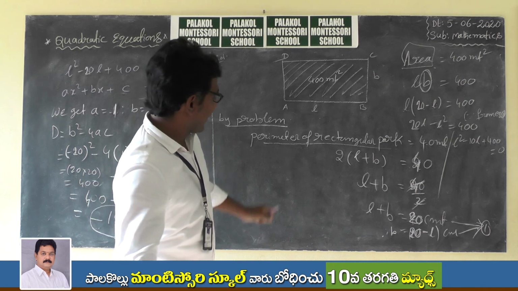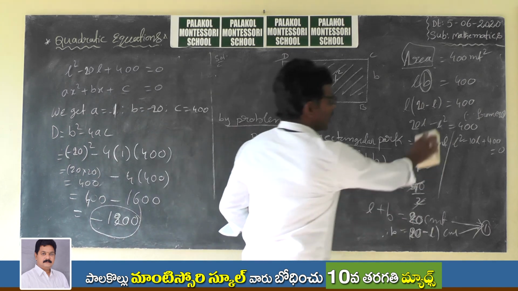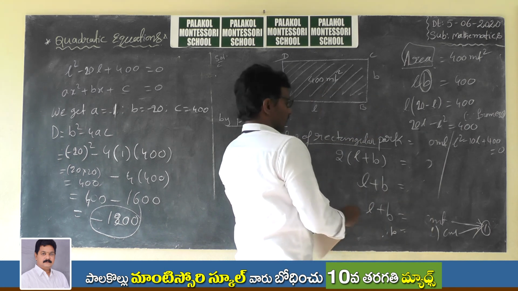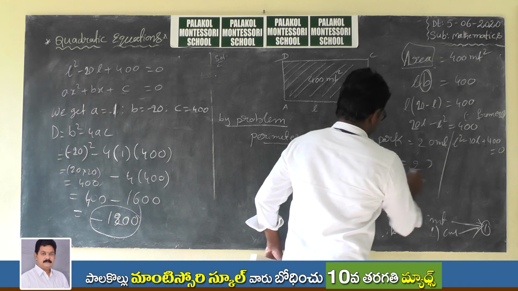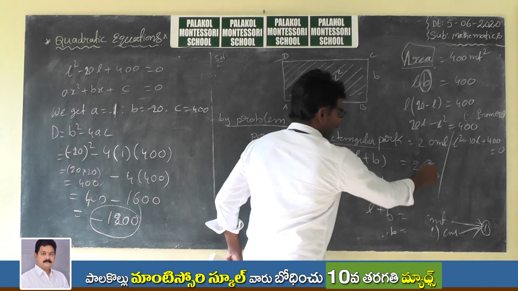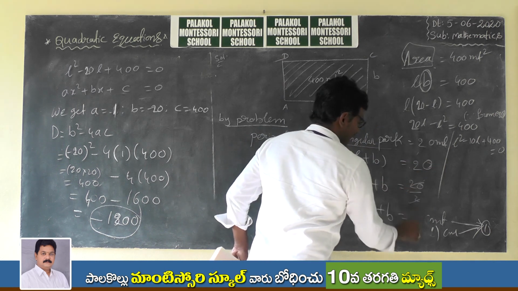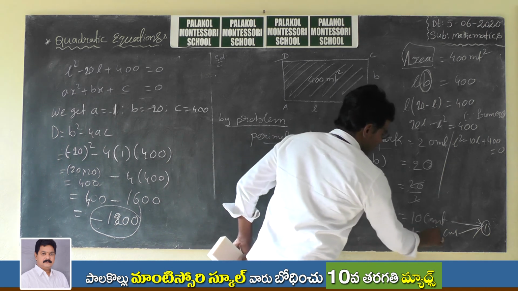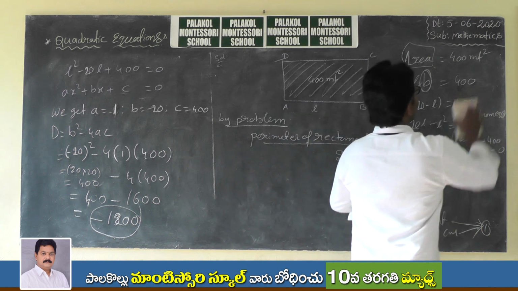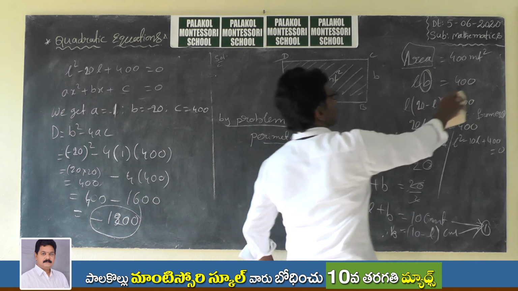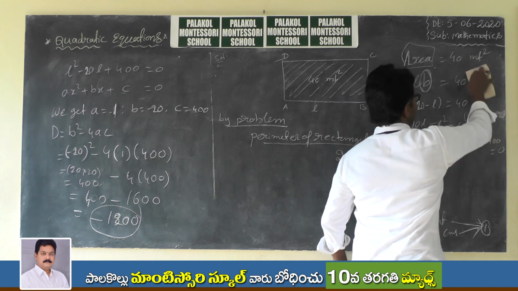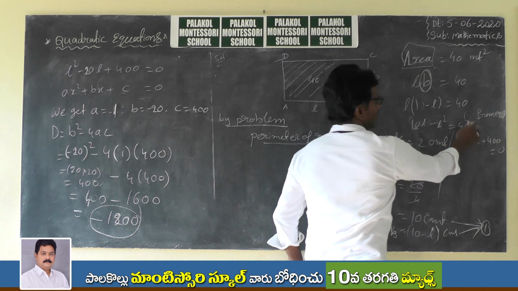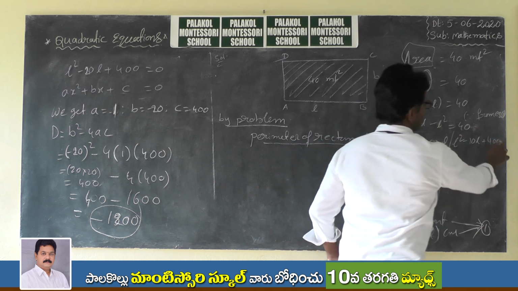See, now I write the perimeter of the rectangle as 20. Suppose 2 times (L plus B) is equal to 20. 20 by 2, this cancels to 10. So 10 centimeters, B is equal to 10 minus L. This time you take the area as 40 square meters, so the area will change and the rest remains unchanged.